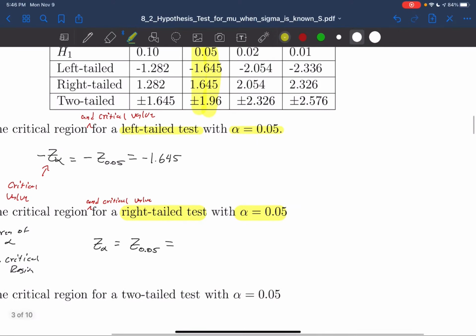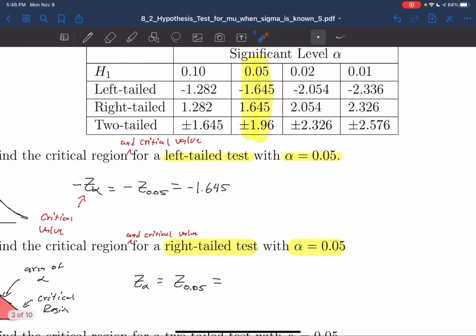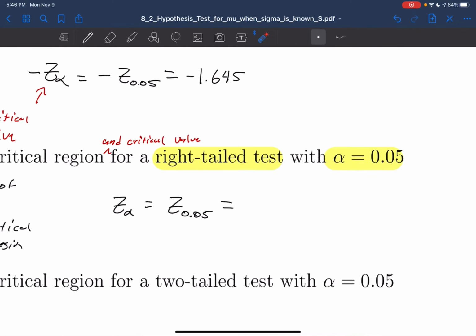And since we're dealing with a right tail test, we go to the right tail test row and highlight that. Where they intersect is our critical value for the right tail test. And here it is, positive 1.645. That gives you more confidence because our critical value is positive.